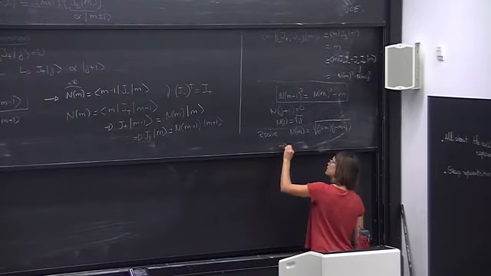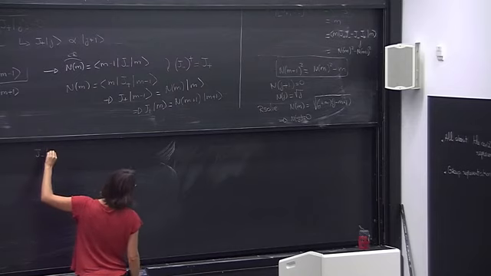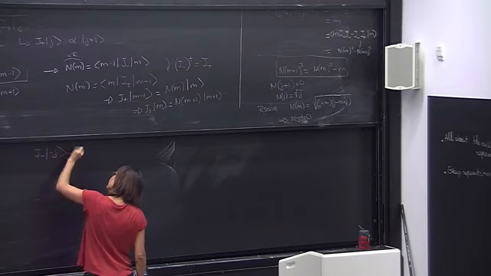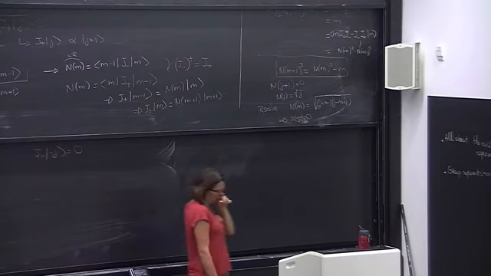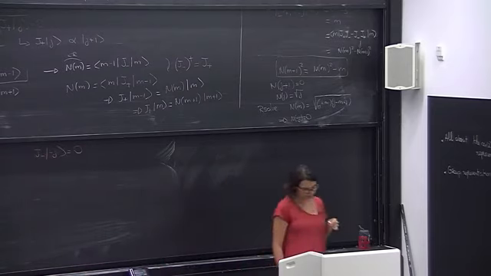So what does it mean? This means that here the action of the lowering operator on minus J is equal to 0.